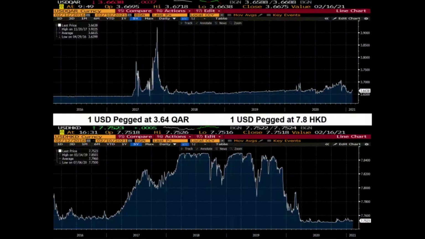So essentially, to keep this peg back at 3.64, the Central Bank of Qatar had to do something. It either had to increase the supply of dollars or increase the demand for the Qatari Rial.